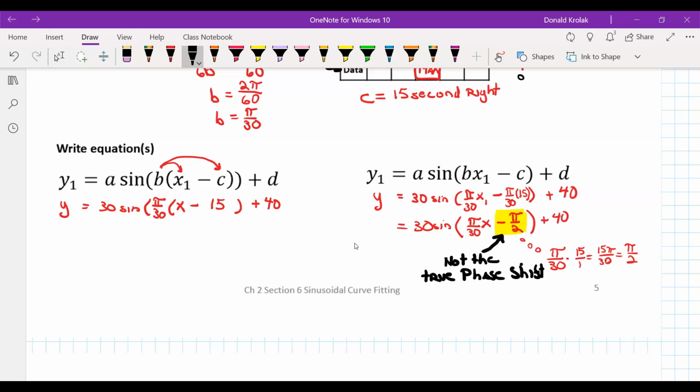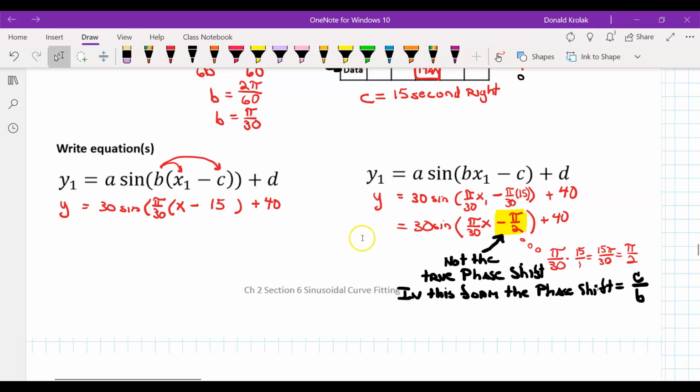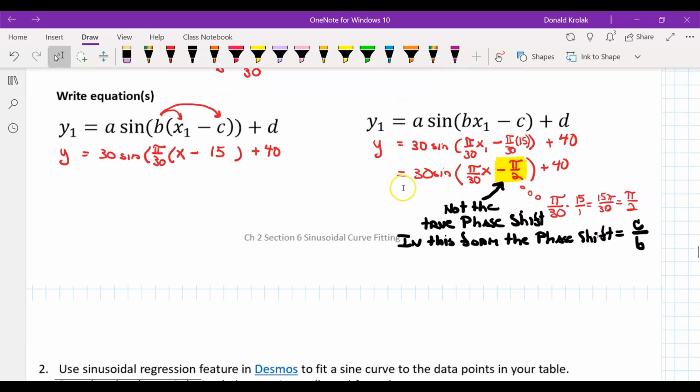Okay, so when it's written in this form, the phase shift, I have to take C and divide it by B. Like we did when we first started doing these, that's what we did.